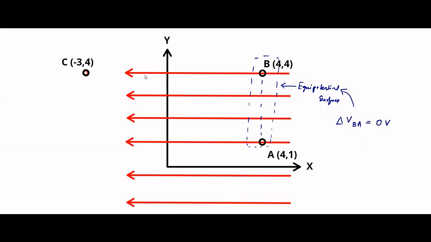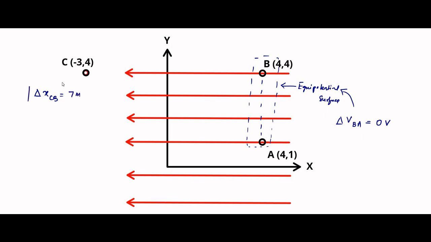Here the gap between these 2 points, as they look they are located along the same line, along the electric field line, and the gap between points CB is equal to how much? 3 and 4, 4 plus 3, 7 meters.